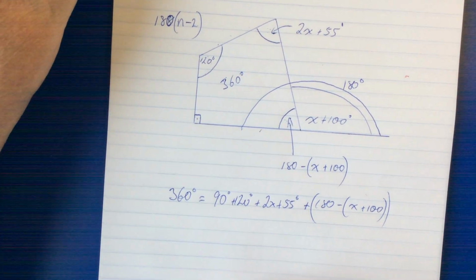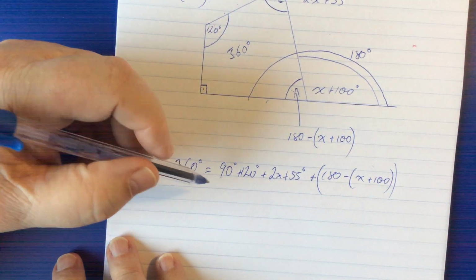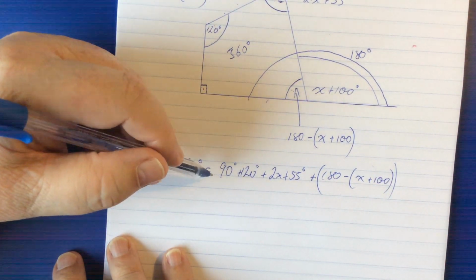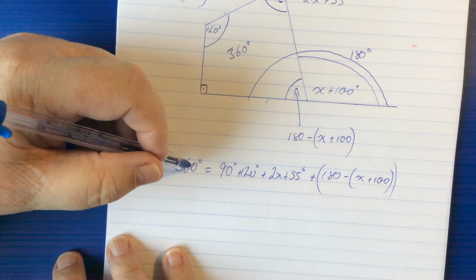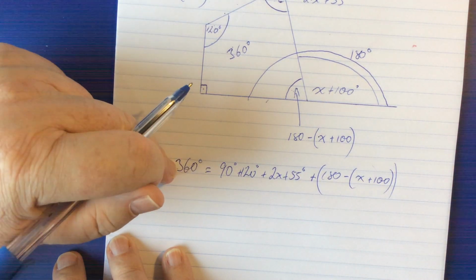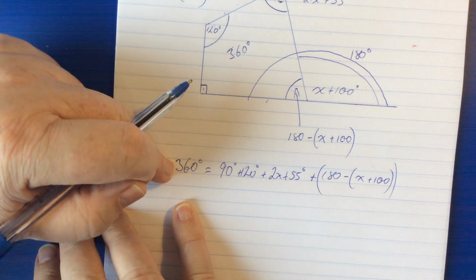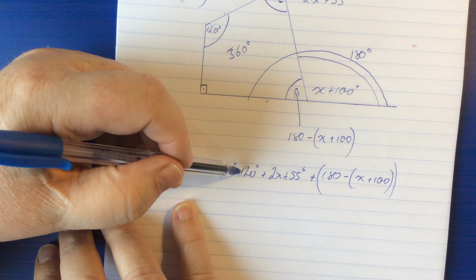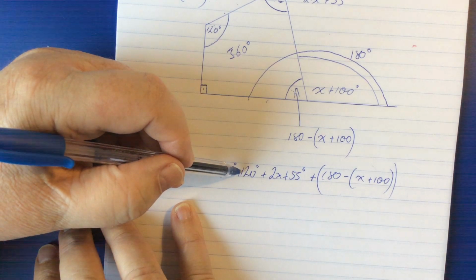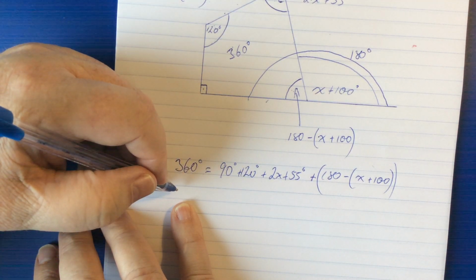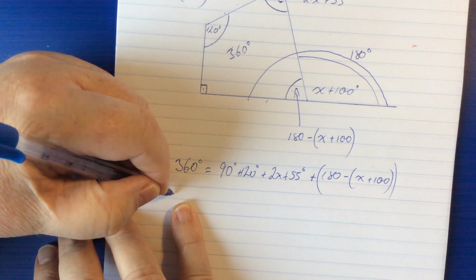So let's just set about tidying this up. So the first thing that we can do is take 90 off 360, and that gives us 270. Then we can take 120 off that, which leaves us with, I think, 150.